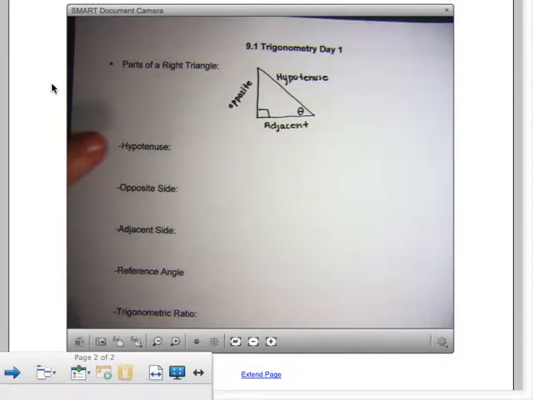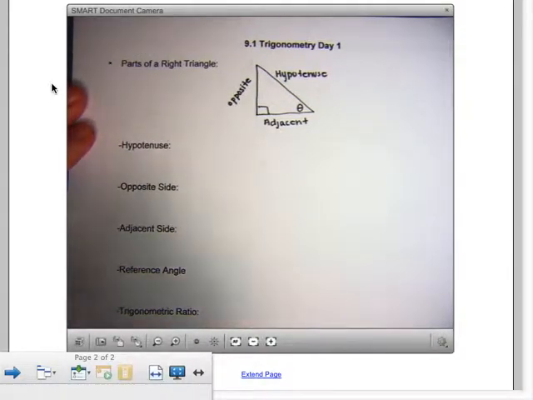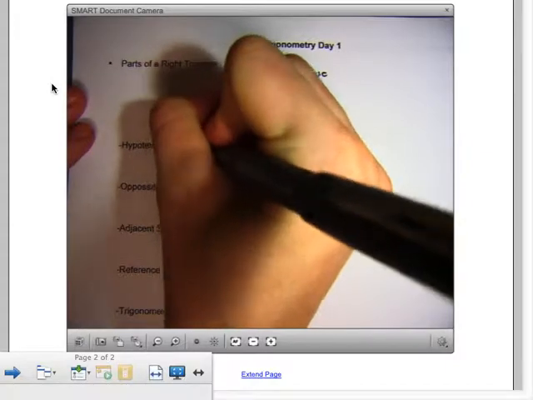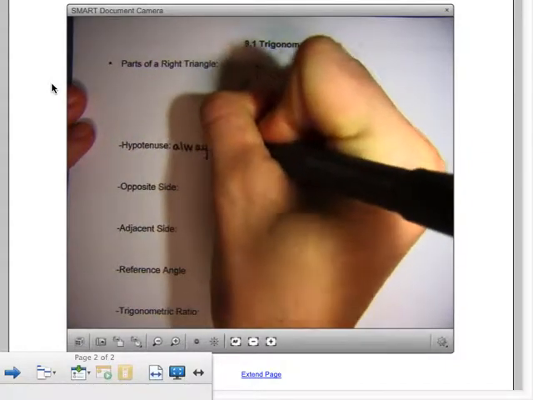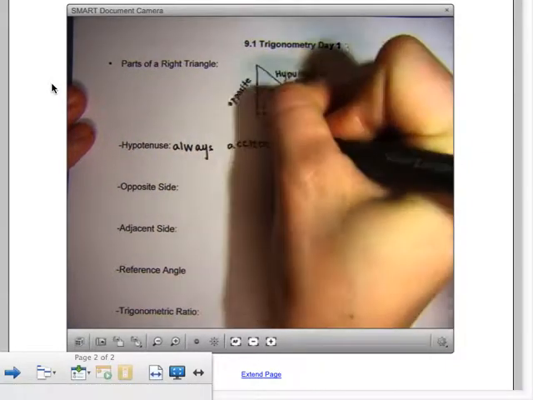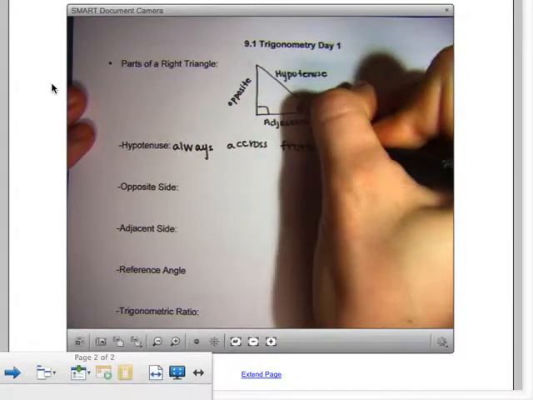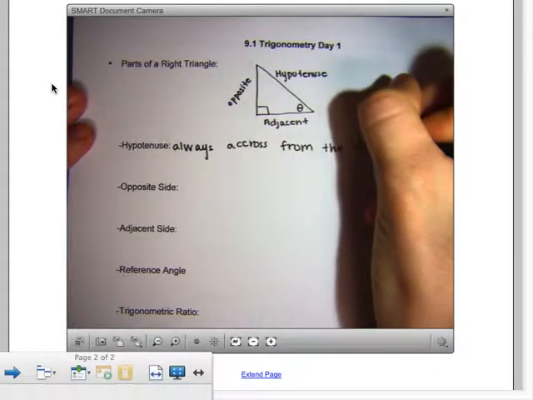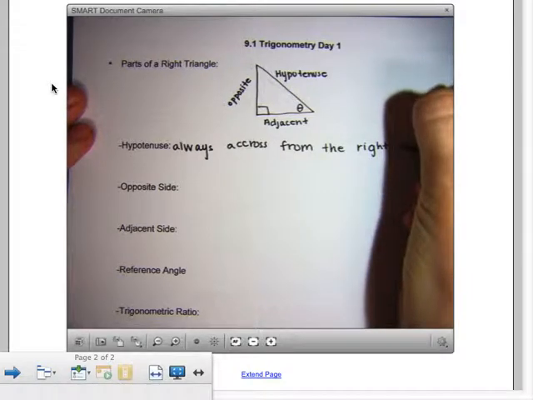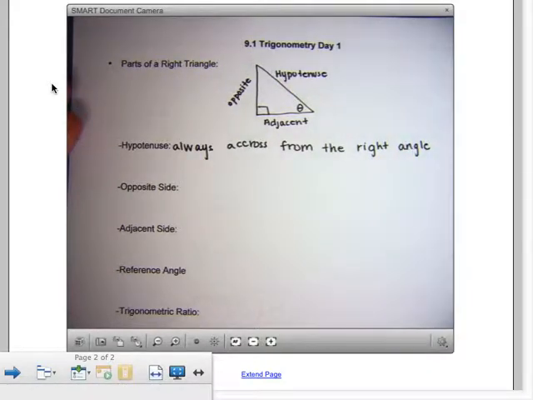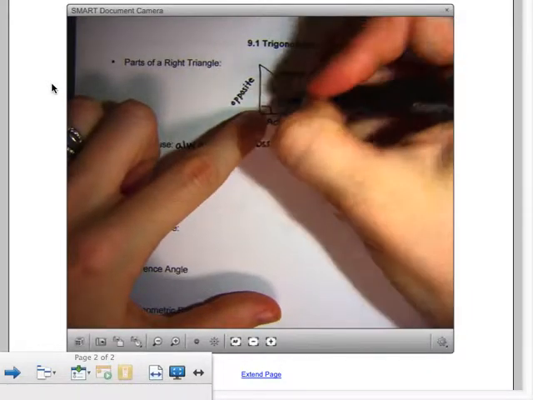Okay, so the three different sides, we have the hypotenuse, opposite, and adjacent side. The hypotenuse is always across from the right angle. Okay, so here's my right angle.